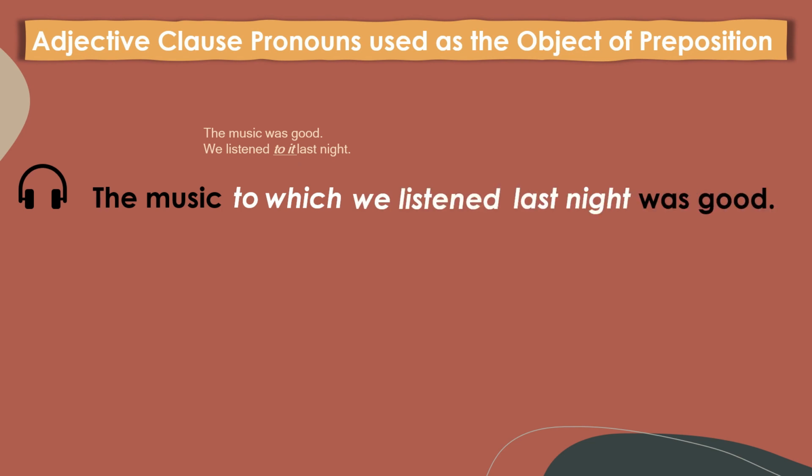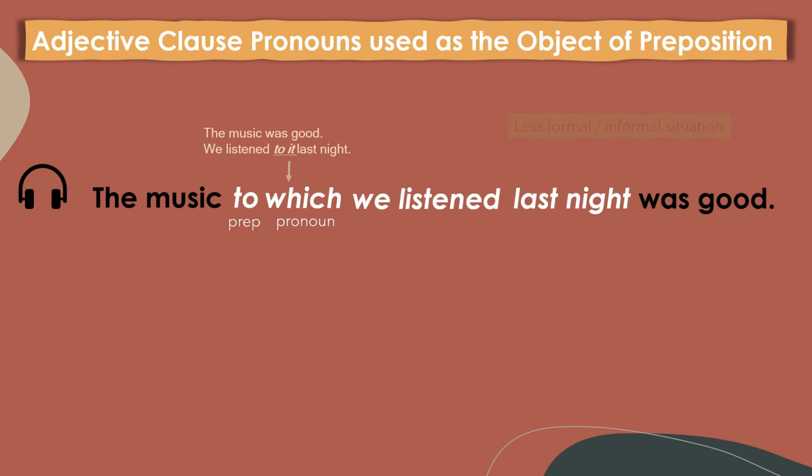So if you want to explain this, you can place the preposition before the pronoun because this pronoun represents it, that is described here as the object of the preposition. But this structure is used for a very, very formal situation. Look, the preposition and the pronoun: you mention the preposition first and then the pronoun.